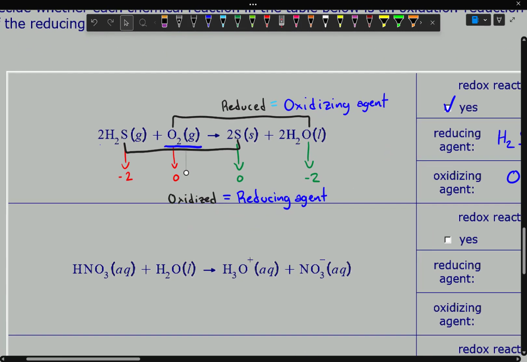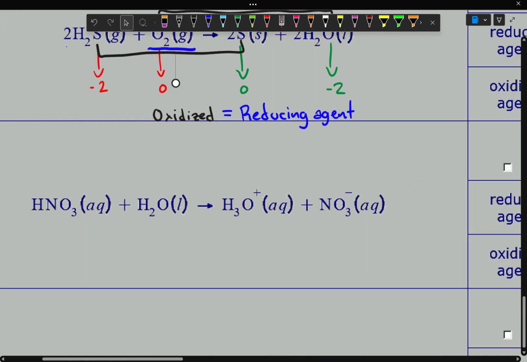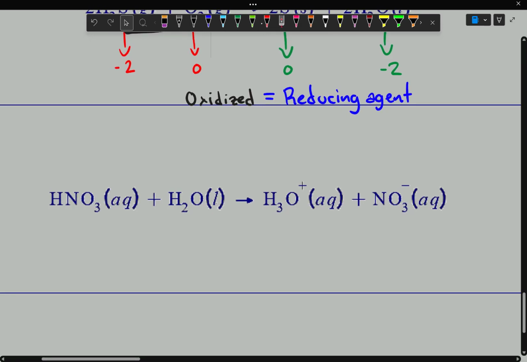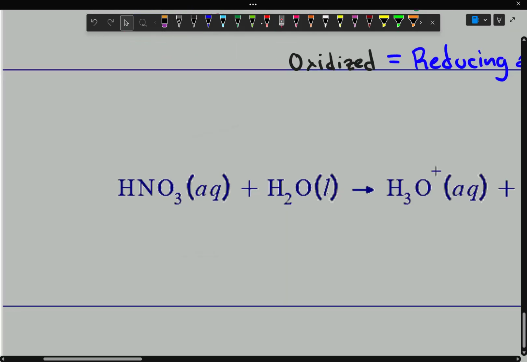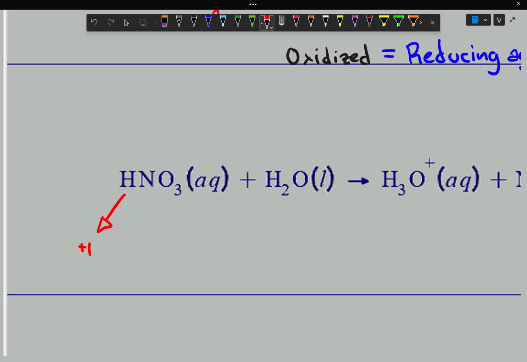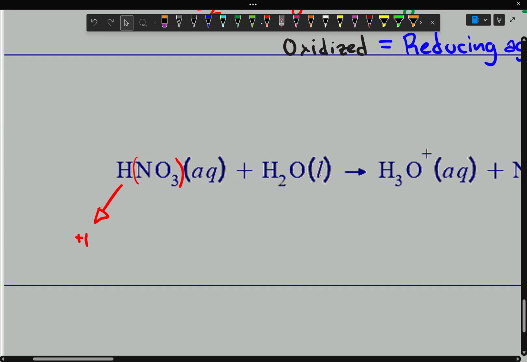So, moving on to this one. Like we did before, we're going to see what our charges are for each part of this equation. So H, we know, is +1. There's only one of them. And then we have the polyatomic ion, nitrate.